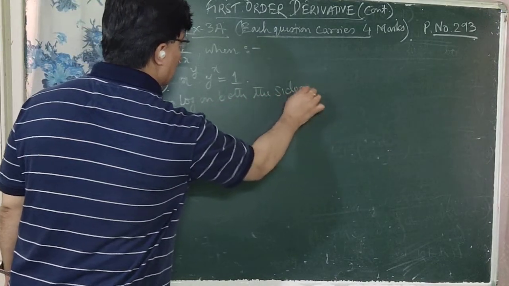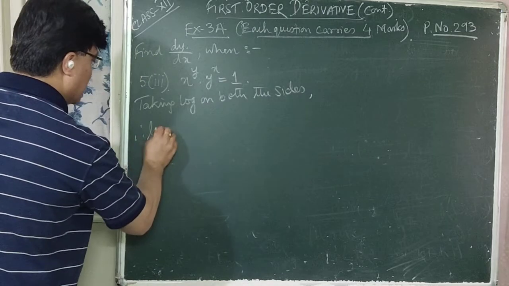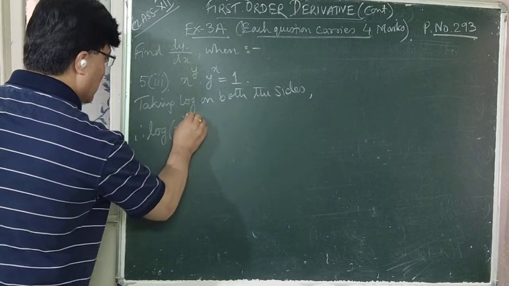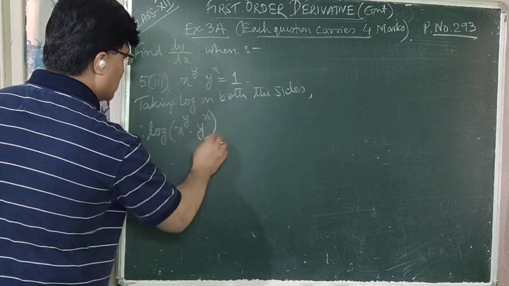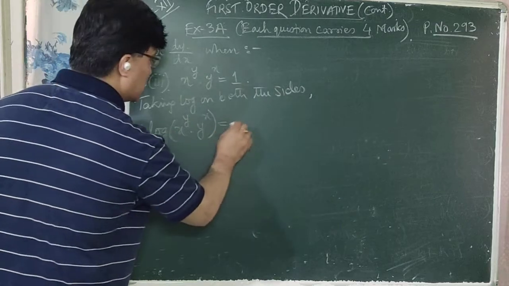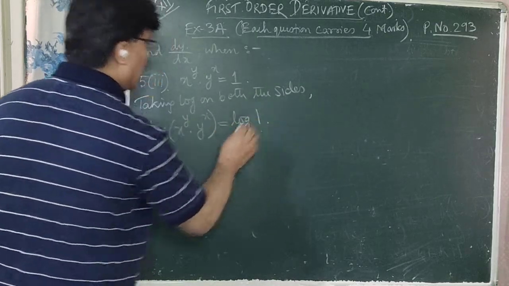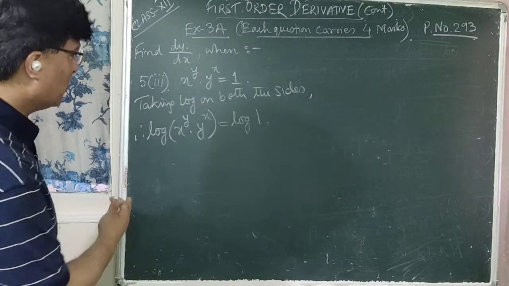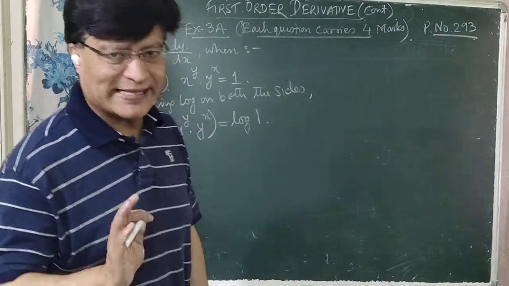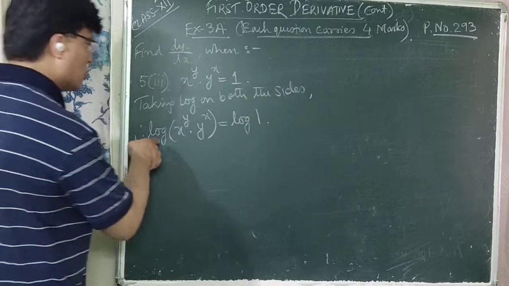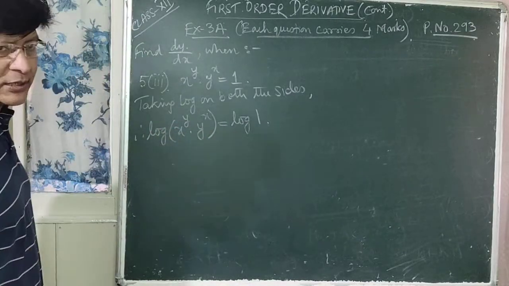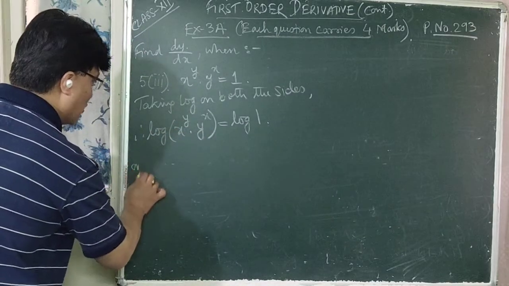So taking log on both the sides, what do we get? Log of x to the power y into y to the power x is equal to log 1. And you know log 1 is always 0. If the base is not written out there, the base is e, so it is understood that the base out here is e. So what is log of AB?